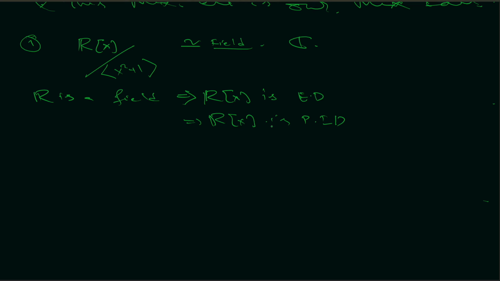So you just need to check whether x square plus 1, the ideal generated by x square plus 1, is generated by a prime or irreducible element. What do you think? Is this element prime or irreducible?